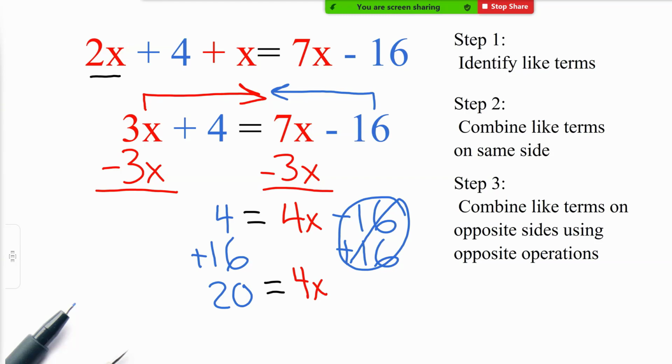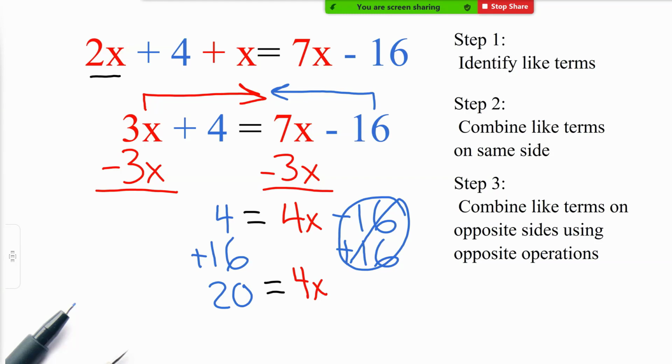Now, there's a little bit of maneuverability in which one you do first, as long as you follow these laws. Like, you could have moved the negative 16 first. That would have been fine. You could have moved, instead of the 3x, the 7x, but it's a point of strategy here.